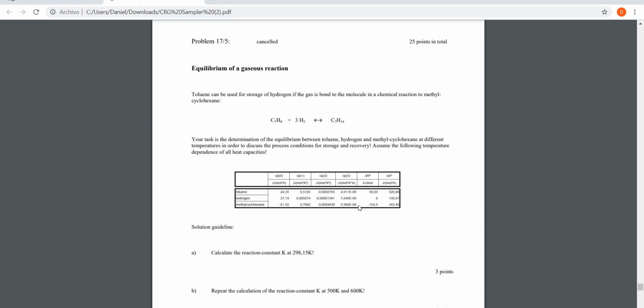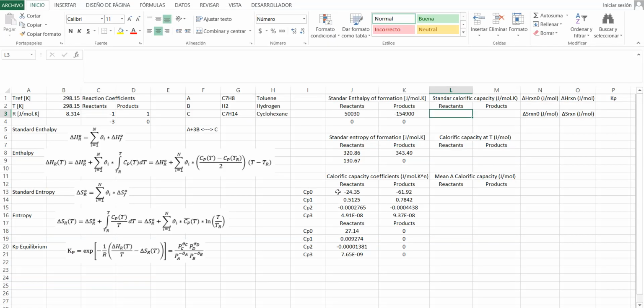This one would be order 0, this one order 1, order 2, and order 3. So I just copy and pasted these values from the table here, but it's organized differently. This section would be for toluene as a reactant. This section would be for hydrogen, also as a reactant. And this section would be for cyclohexane as product.